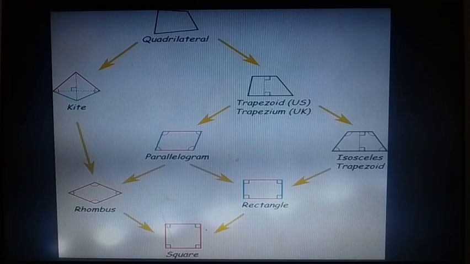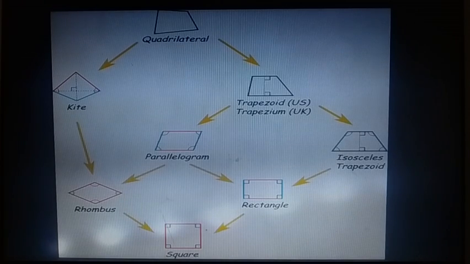Let us see a parallelogram. Opposite sides are congruent and opposite angles are also congruent. Coming to a rectangle, the rectangle is a parallelogram, hence opposite sides are congruent, but each angle is a right angle.